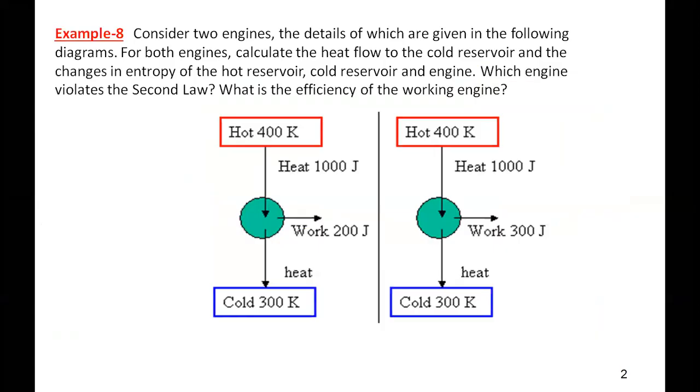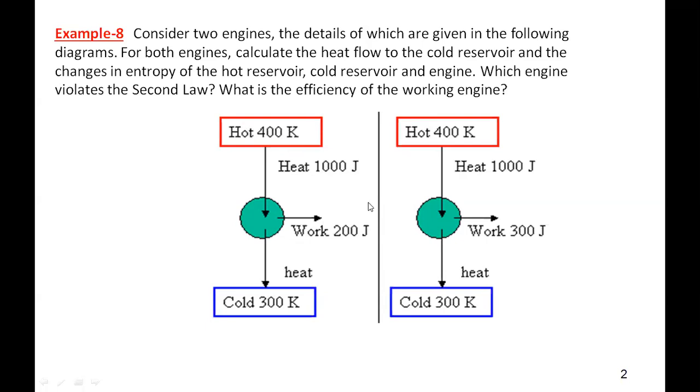Okay, another example. We have to consider two engines. The details of which are given in the following diagram for both engines. The first has a hot reservoir at 400 Kelvin giving heat of 1000 joule, and work of 200 joule, and heat to the cold reservoir at 300 Kelvin.